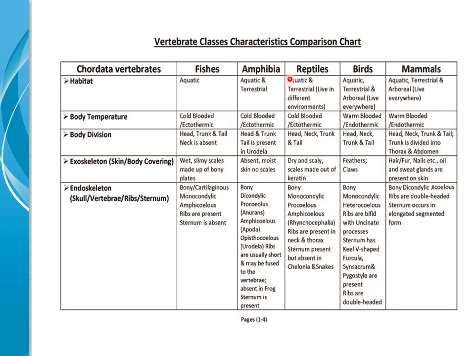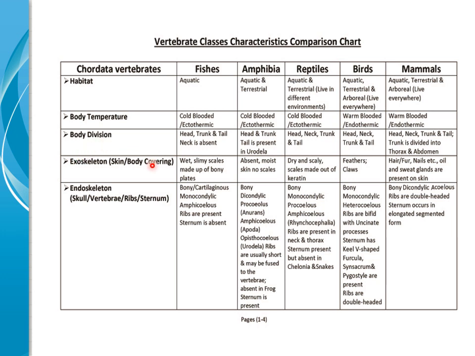The first three classes of vertebrates, fishes, amphibians and reptiles, are ectothermic or cold-blooded animals, as they change their body temperature according to their environment. On the other hand, birds and mammals are endothermic. They maintain a constant body temperature irrespective of the surrounding environment. Hence, they are categorized as endothermic or warm-blooded animals.